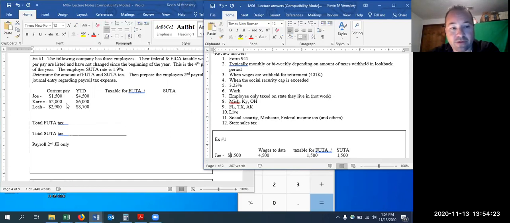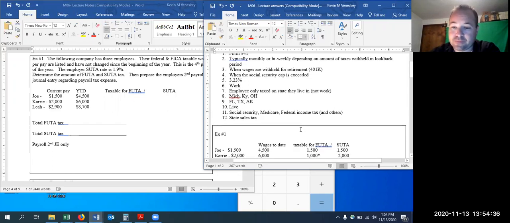So we're going to put 1,000 here. Now, for SUTA purposes, if we take 6 plus the 2, that was 8. That is not over the SUTA limit. So she'll have 1,000 for FUTA, 2,000 for SUTA. I'll show you the calculation in just a minute with this little star.